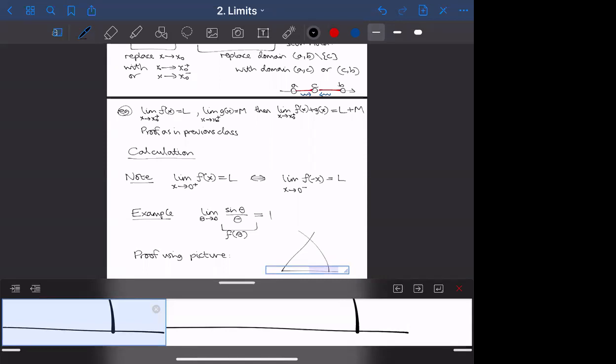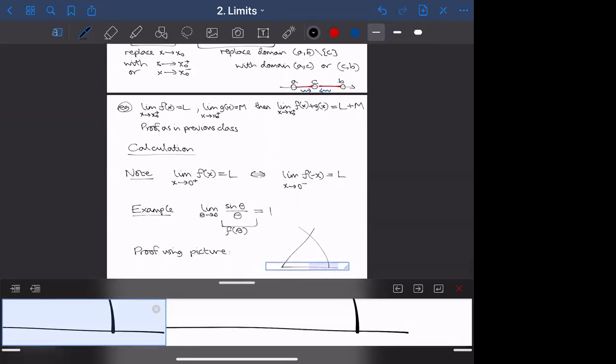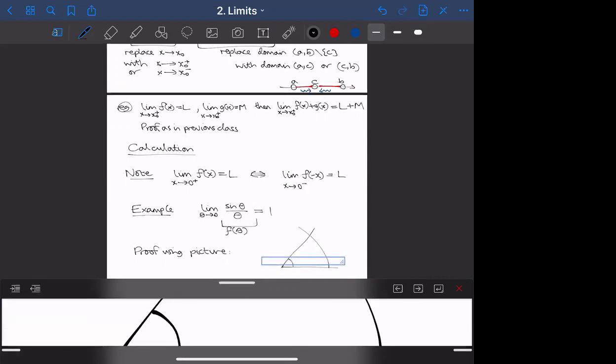So we take a sector of a circle or a piece of pie, but the angle here is not pi, it's some theta, and that theta is going to be small later.